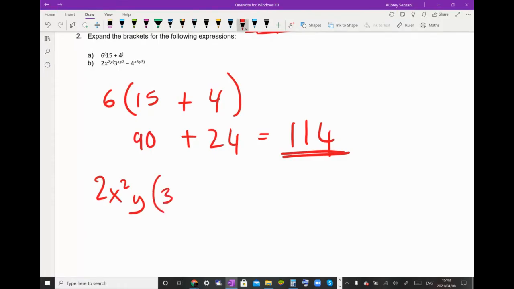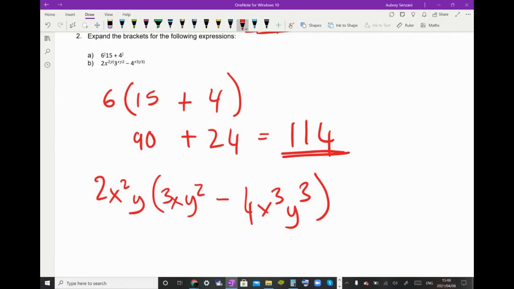Then 3xy to the power 2, minus 4x to the power 3, y to the power 3, okay? So here again, we're just multiplying.